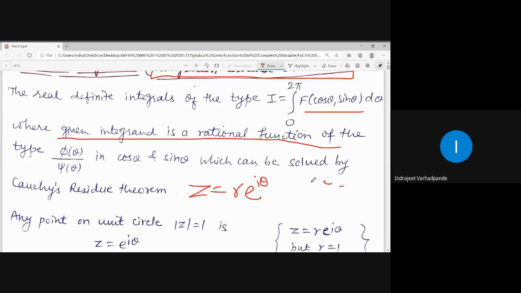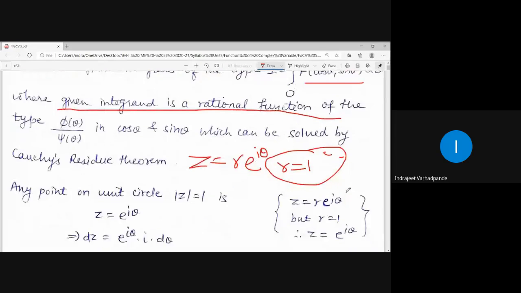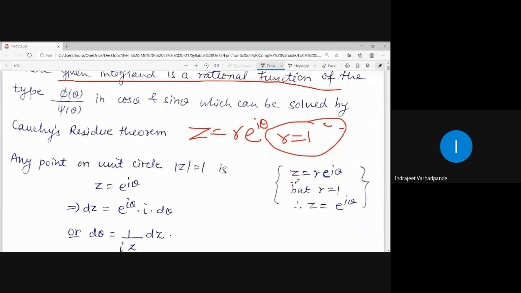Put x equal to r cos theta, y equal to r sin theta, r common, cos theta plus i sin theta is written as e to the power i theta. r, that is the radius, how much is it? The value is 1. So see it, we get z is equal to r e to the power i theta, r is equal to 1, so what do we get? z is equal to e to the power i theta. So for a unit circle mod z is equal to 1, z is e to the power i theta.